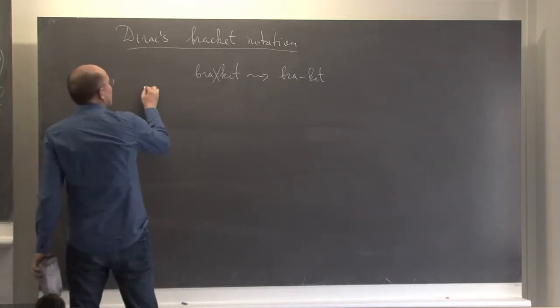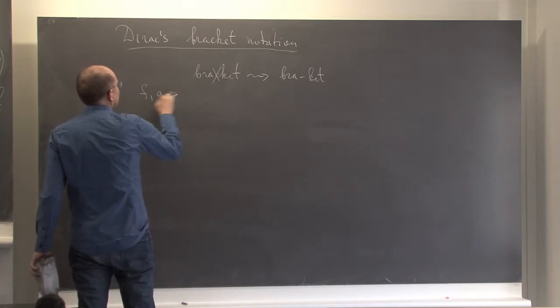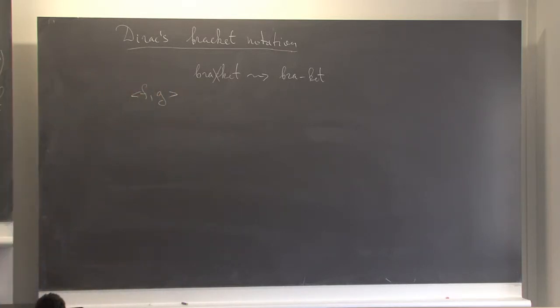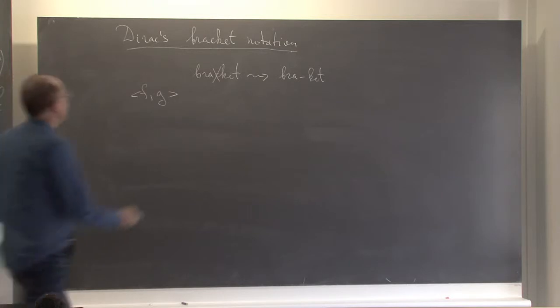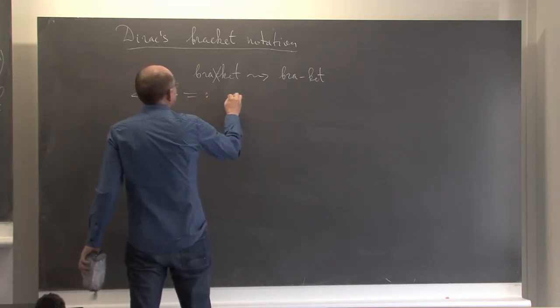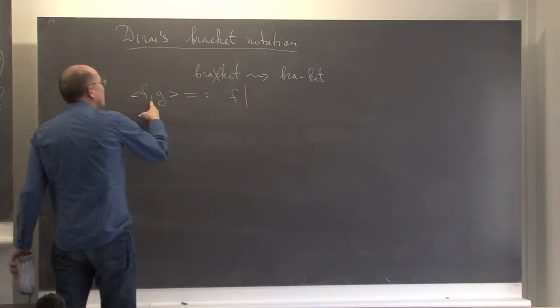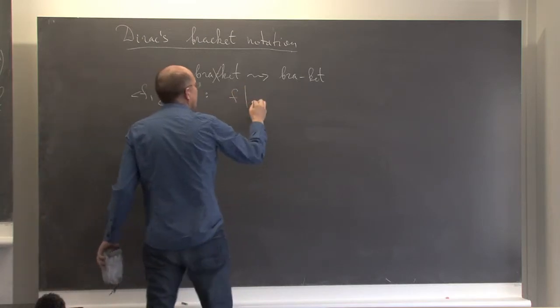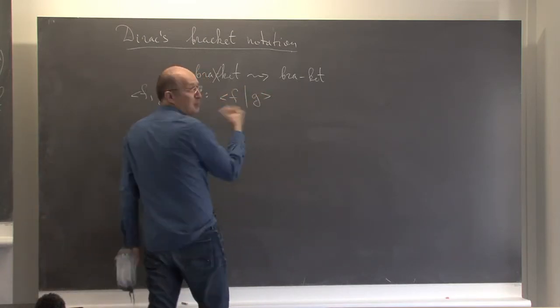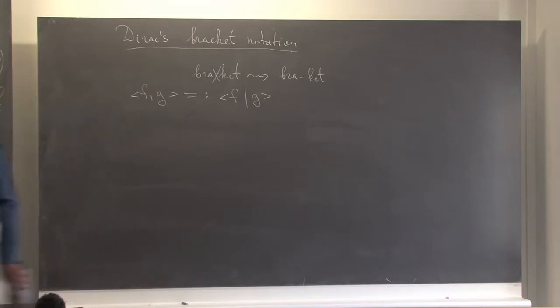And then what you do, for example, you write a scalar product, which we used to write like this, and then you write it in a new way by removing this comma and putting a vertical bar. Not a big deal so far.